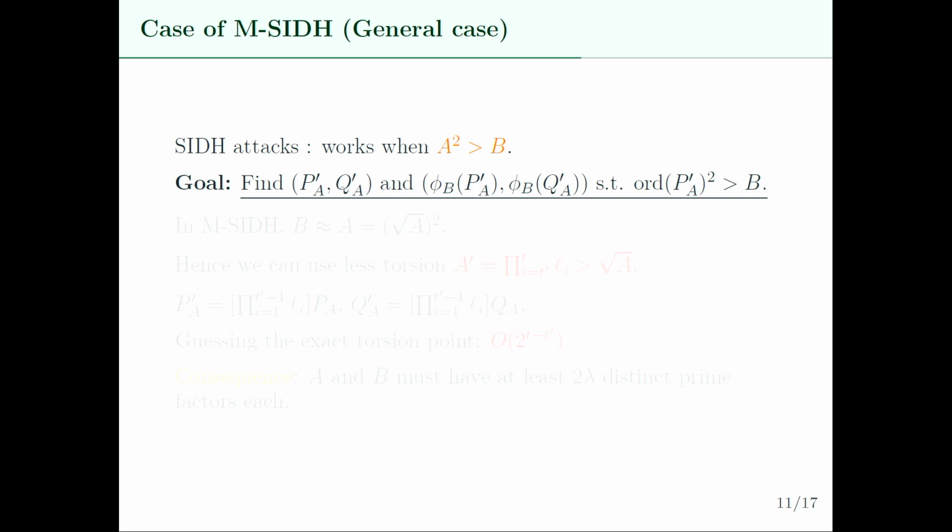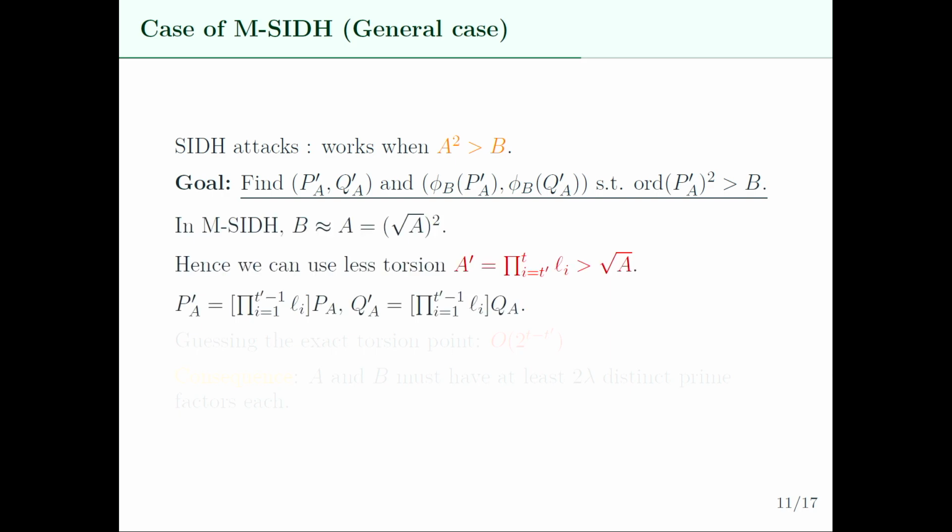As you already know, SIDH attacks work when A squared is larger than B. So the goal of this analysis is to find four points, P_A prime, Q_A prime, and phi_B(P_A prime), phi_B(Q_A prime), satisfying that the order of these four points squared is larger than B. And in the SIDH setting, B and A are of similar size.